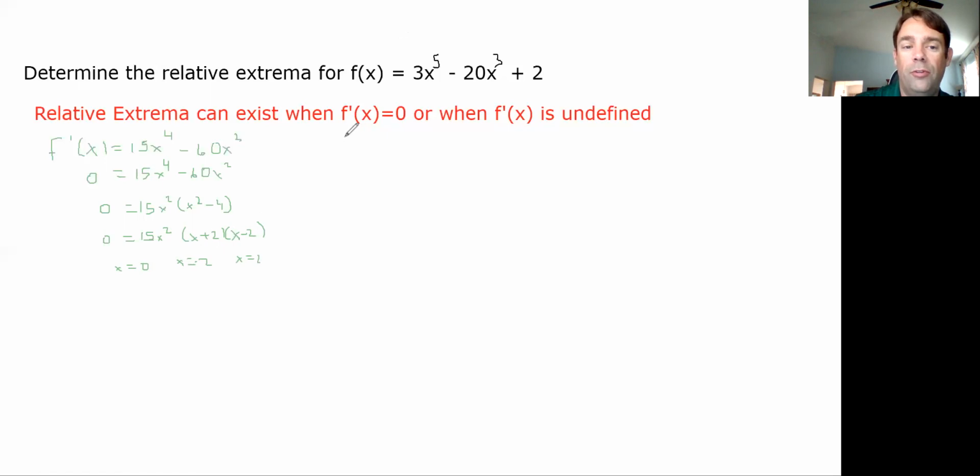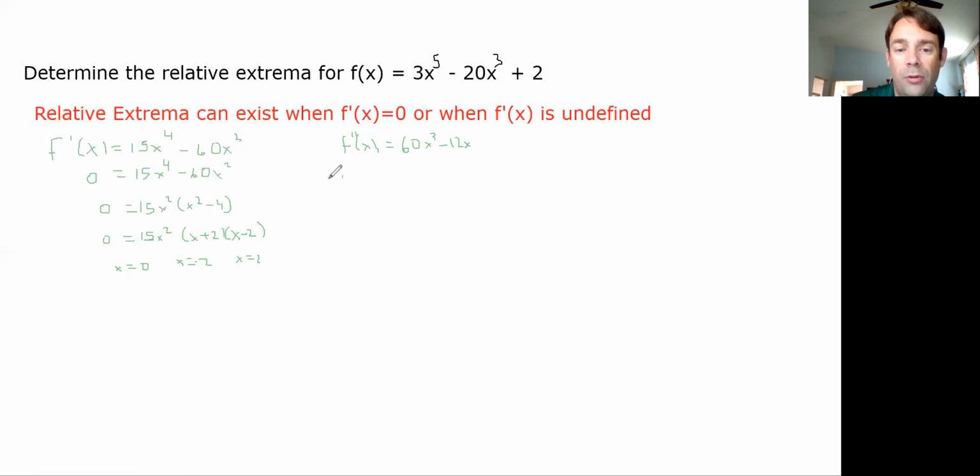So we do the second derivative test here. The second derivative is 60x cubed minus 120x. And we're going to plug some values in here.